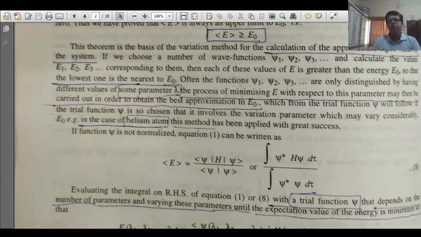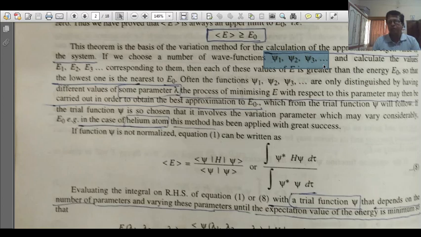Now, suppose we choose a number of wave functions, psi1 to psi3, up to psi n. Then we can calculate the values of the corresponding eigenvalues, which are E1, E2, E3, and so on.